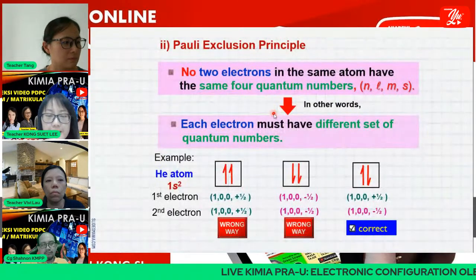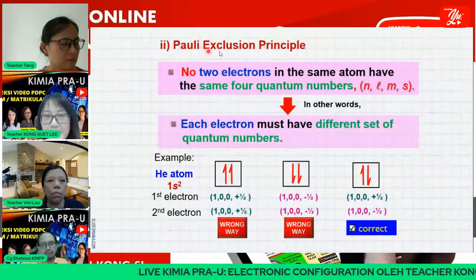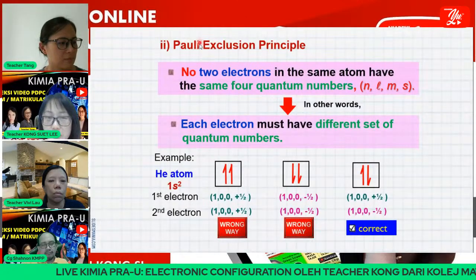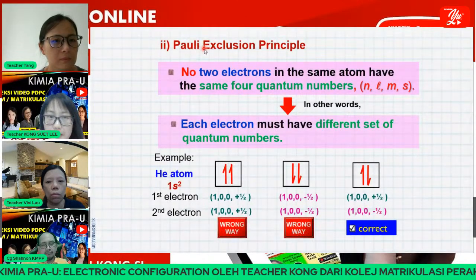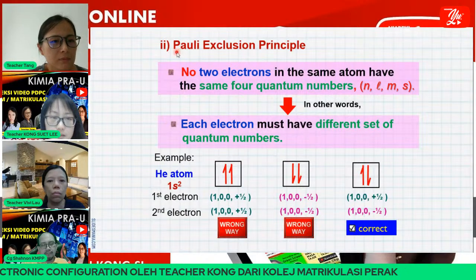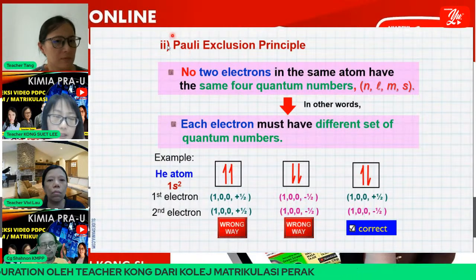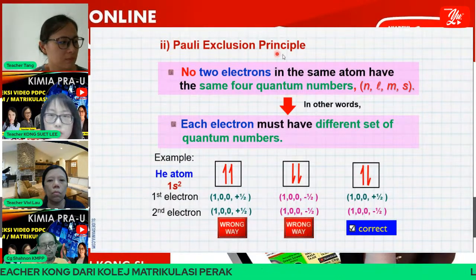After Aufbau, what is the next? Yes, just now exclusion is missing. Did you notice there is no apostrophe s for Pauli exclusion principle? Just straight away Pauli, with a capital P because it's a name, then exclusion principle.